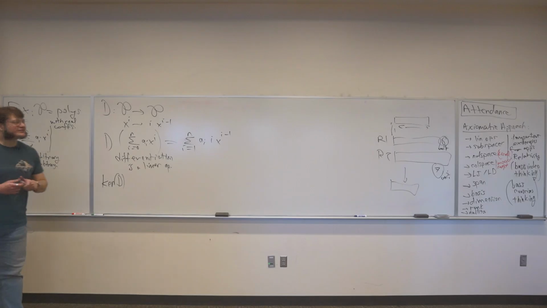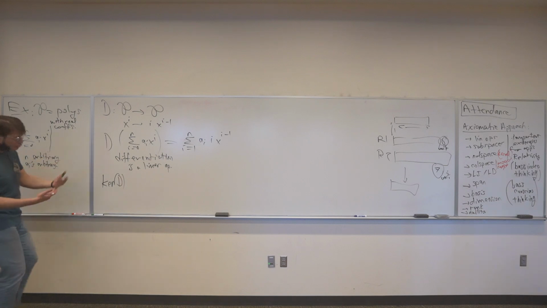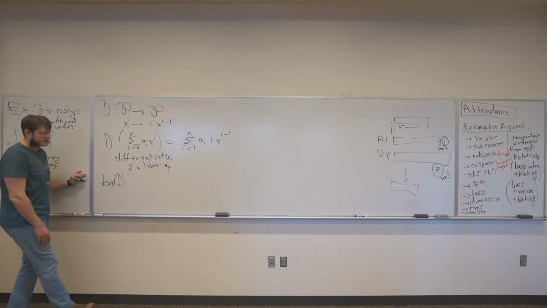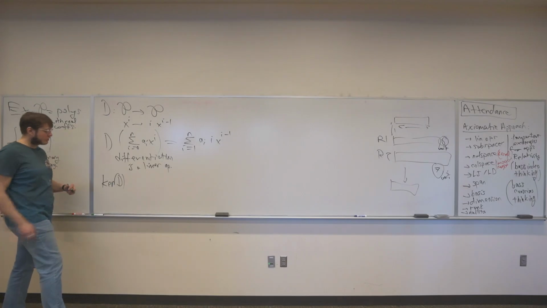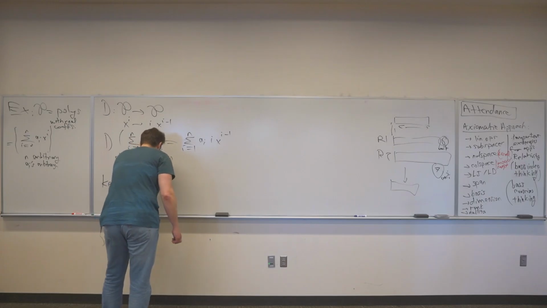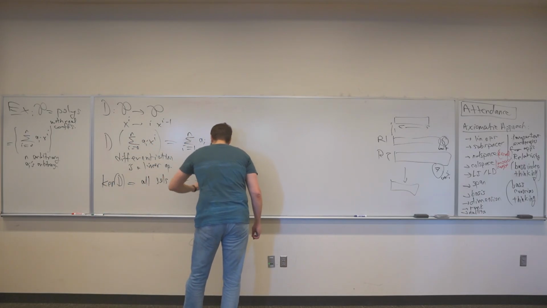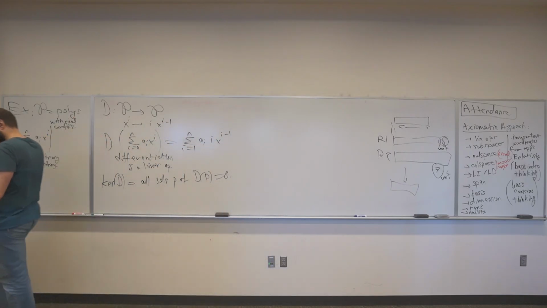If you know a little bit of calculus, you should immediately say these are constant functions. But even if you don't see that, how do you open this up? As usual, this kernel is nothing but the space of solutions of D p equals 0. All solutions p of D p equals 0.